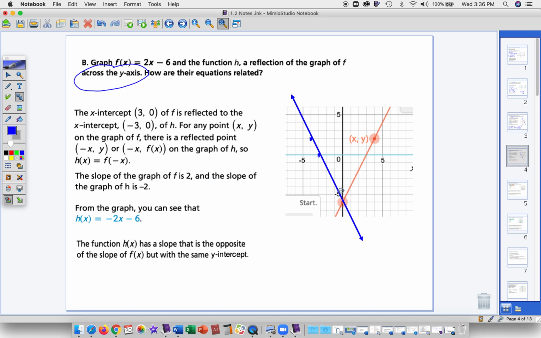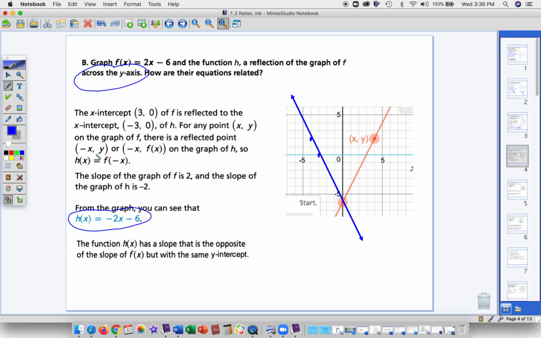The slope of this graph is negative 2, but the big difference here is the y-intercept is still negative 6. So that gives us this equation, h of x equals negative 2x minus 6. The function h of x has a slope that's the opposite of f of x, but the same y-intercept.